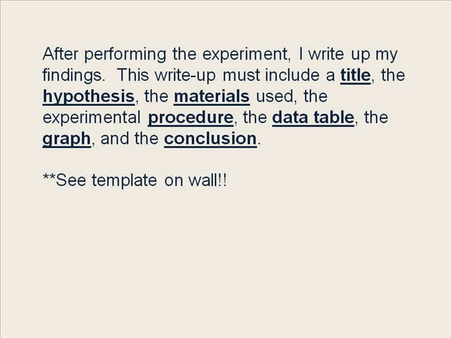Do not change it. The materials that were used for the experiment. The experimental procedure in detail. The data table and the graph that you created with the data, hopefully drawn neatly with a ruler. And finally, the conclusion.